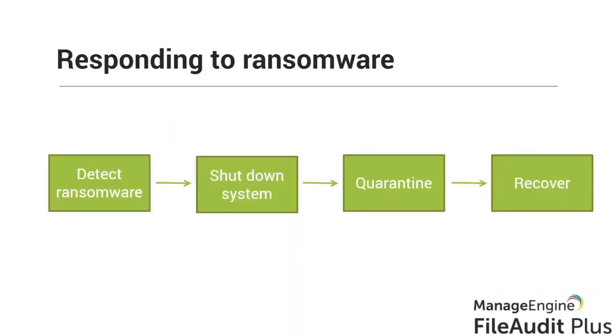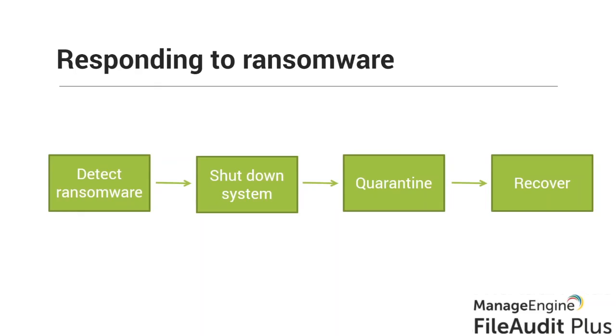So once you detect it, you got to respond to ransomware. So what you need to be looking at is having a system in place that detects ransomware, and upon the detection of ransomware, within a minute, you're going to have a whole bunch of files and folders getting modified. As soon as your system detects ransomware, you want to shut down that particular infected system, right? That system has to get shut down.